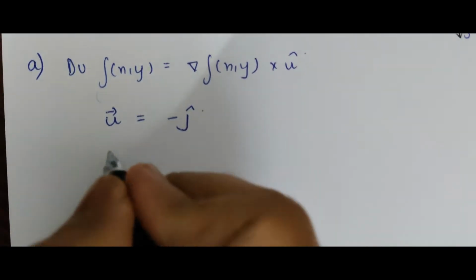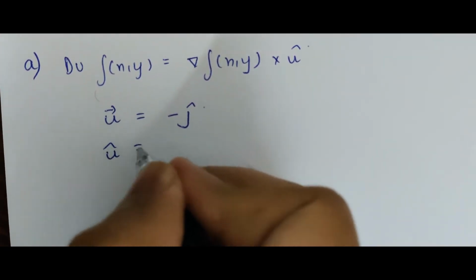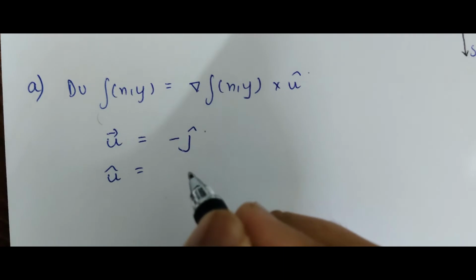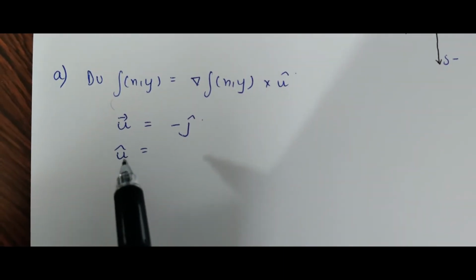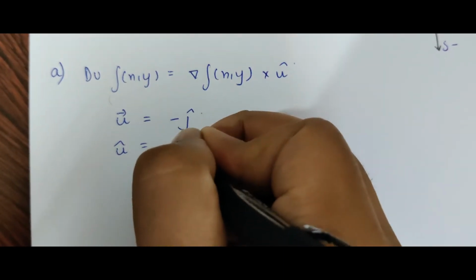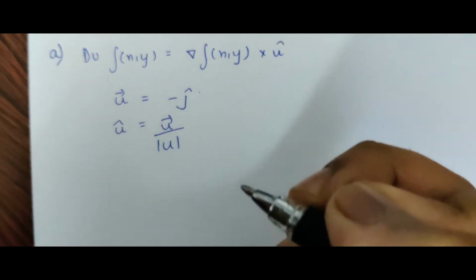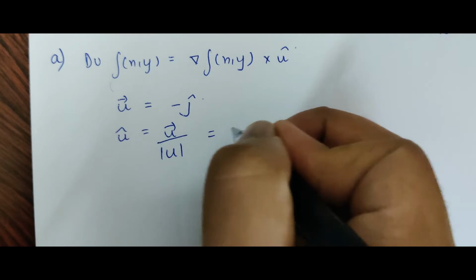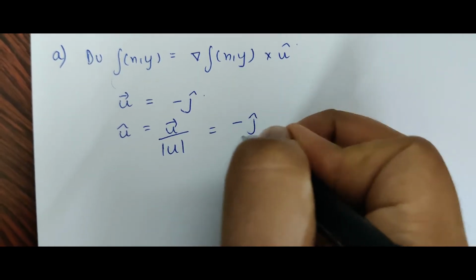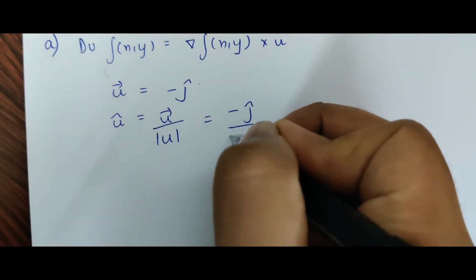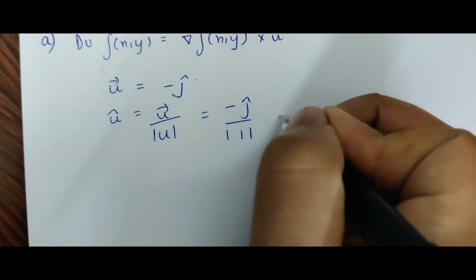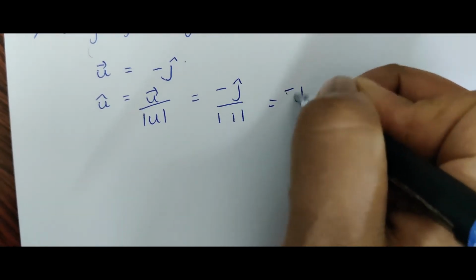Now its unit vector will be equal to the vector divided by its magnitude. In this case, the vector is negative j cap and the magnitude is 1, so the unit vector is minus j cap.